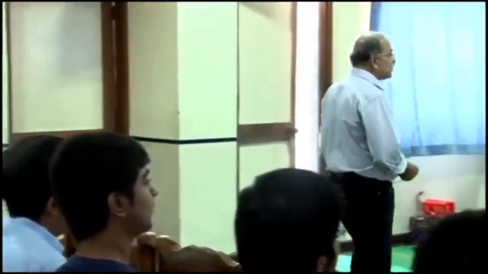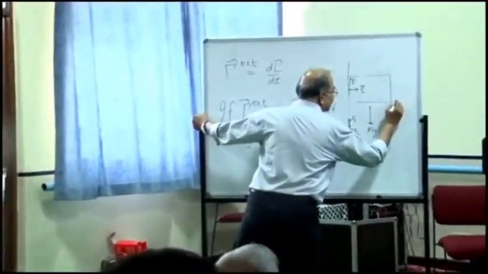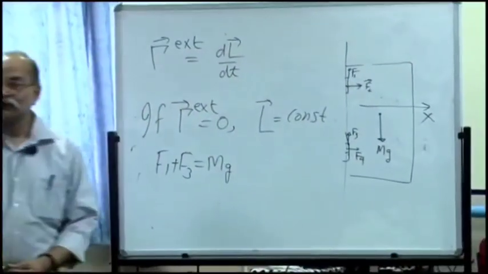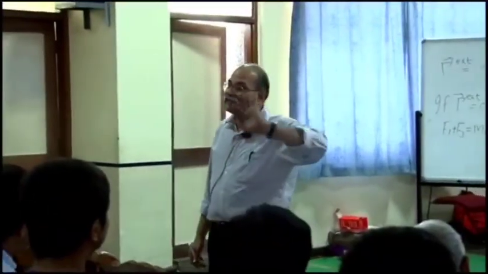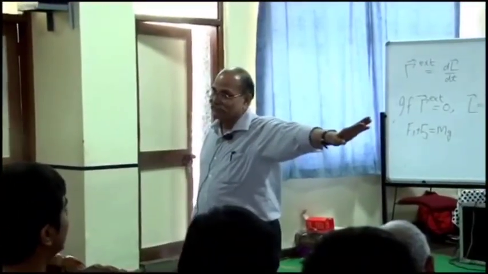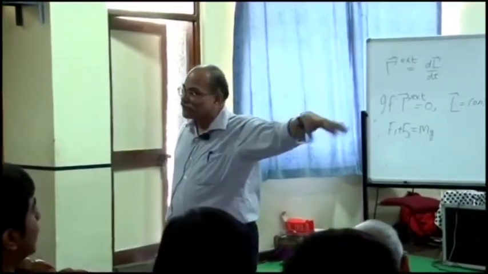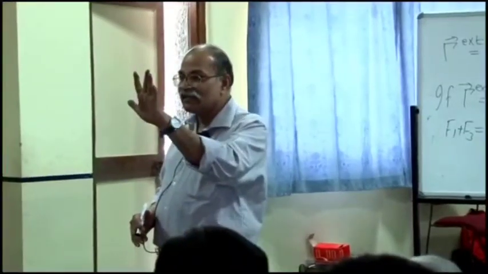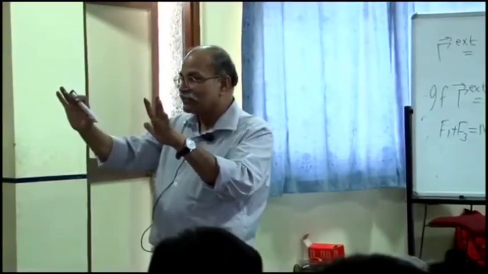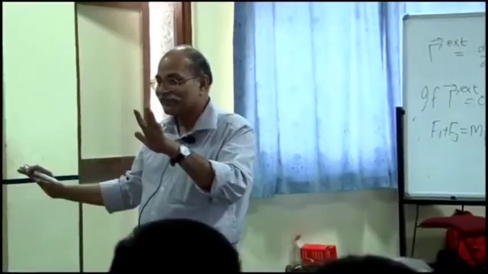In this direction, let me call it x direction. The total force in the x direction will be equal to mass of the door times acceleration of the center of mass in the x direction. For a group of particles, total external force is equal to total mass times acceleration of center of mass.